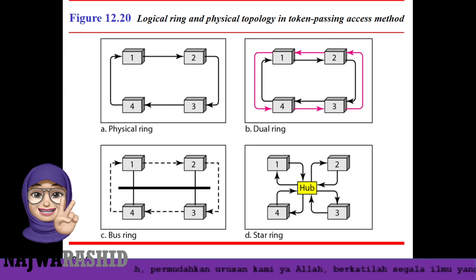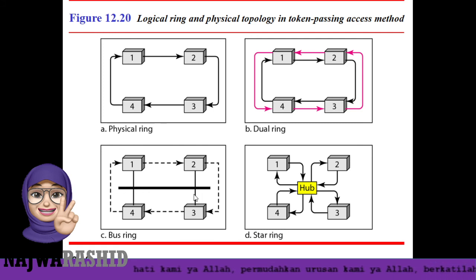It looks like this. Logical ring and physical topology: the token is passed around. This one is a dual ring, where the token is passed around to every device in the network. This one is a bus ring.